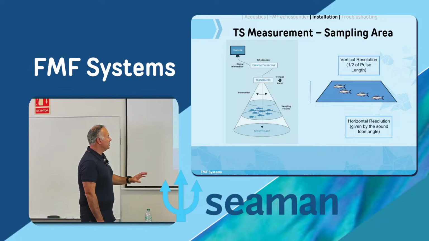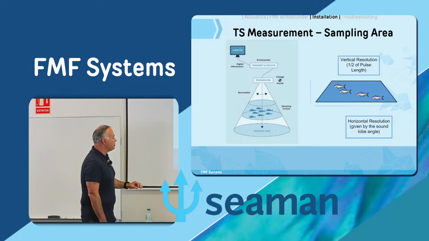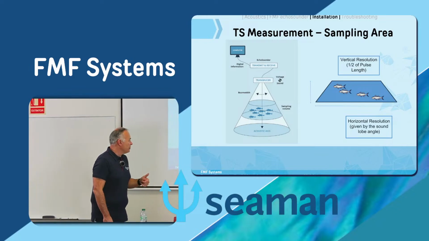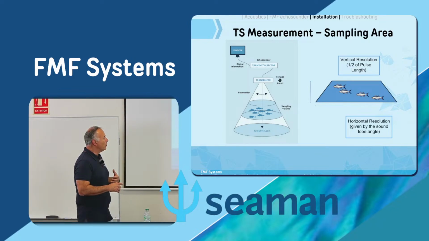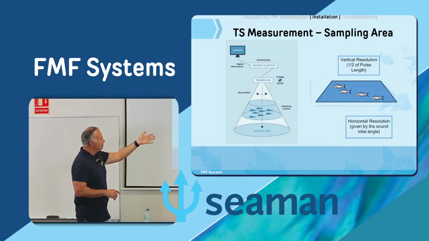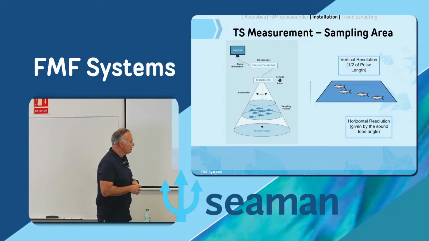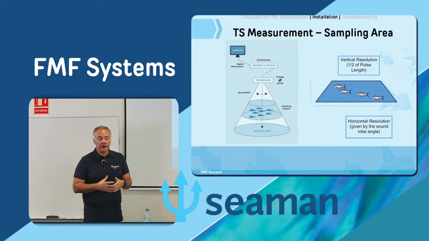So remember that we mentioned the sampling area. The sampling area is given by the angle of the transducer and the vertical resolution. If we have more than one fish in the sampling area, then it will be difficult to measure.